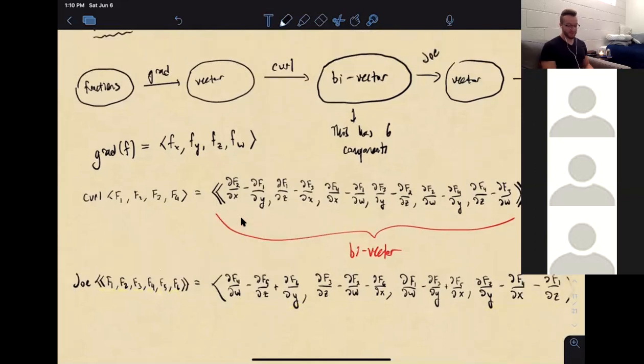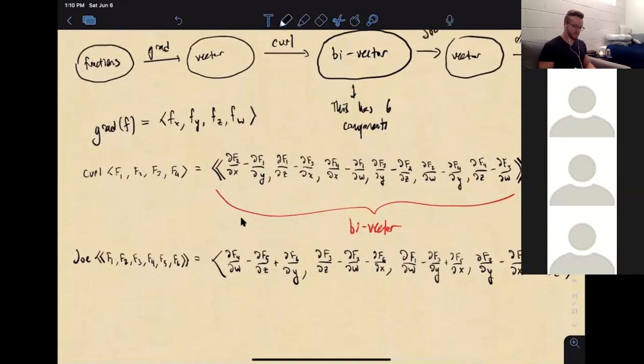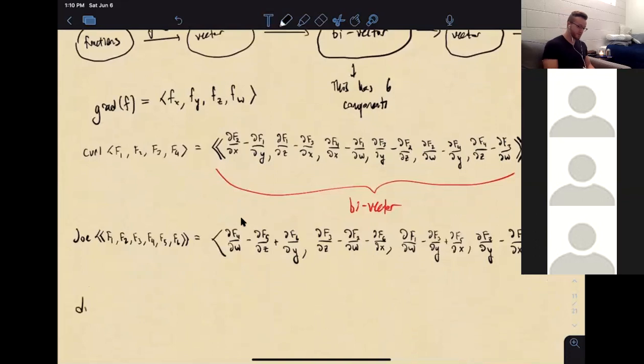And then you have the divergence again. That eats a vector and spits out a function. And it's the same, right? So the divergence of a 4-dimensional vector field would be the x derivative of f1 plus the y derivative of f2, etc.